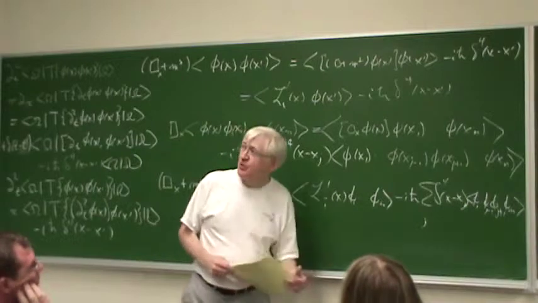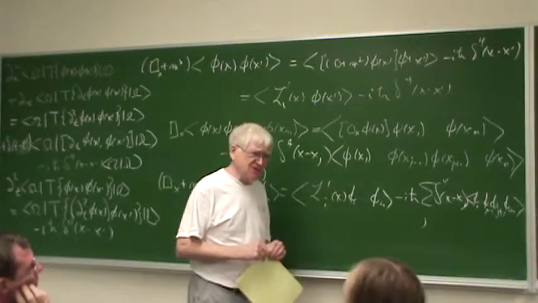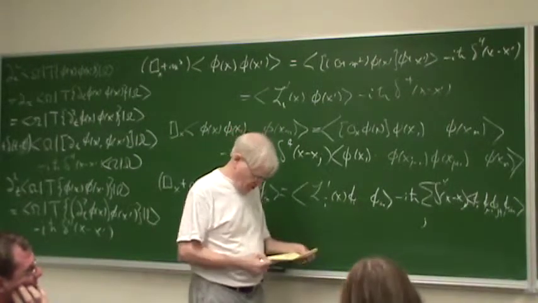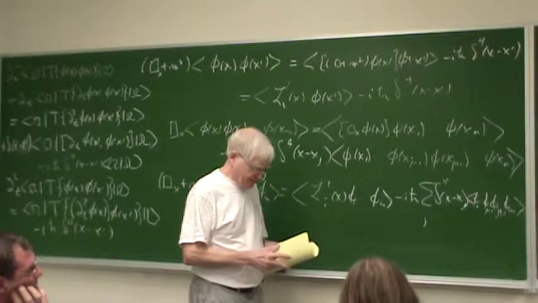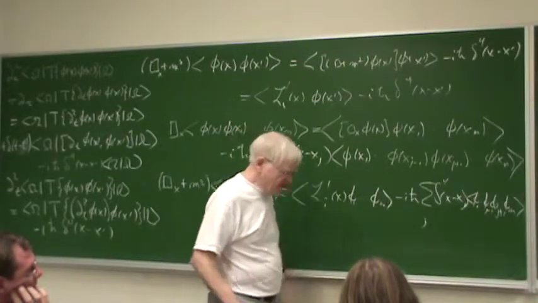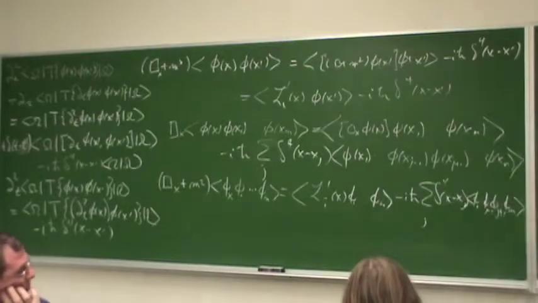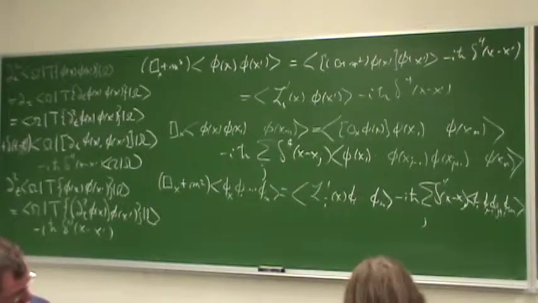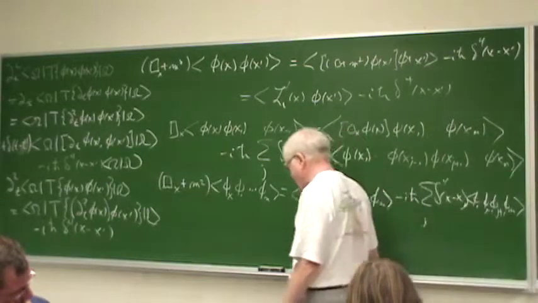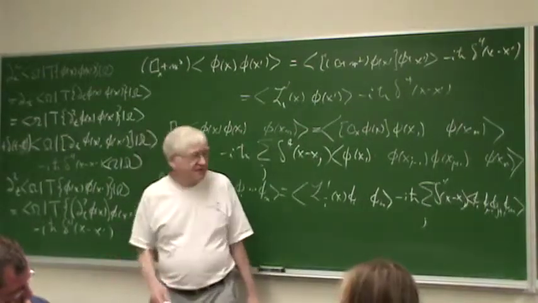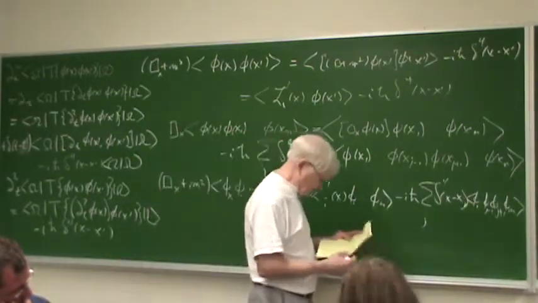Okay, now we're going to do, or at least start to do, the position space Feynman rules. The equations we're going to get make a lot of sense. On the other hand, the pictures we draw in terms of them are a little bit mystical, but we'll do it anyway.